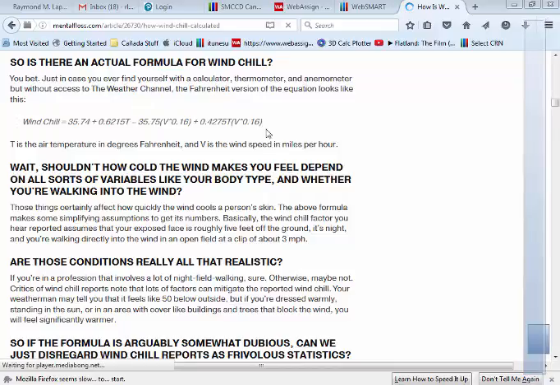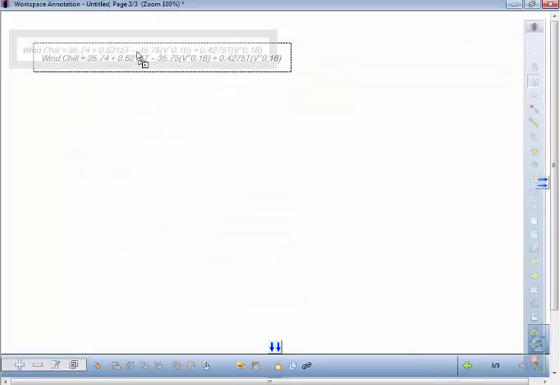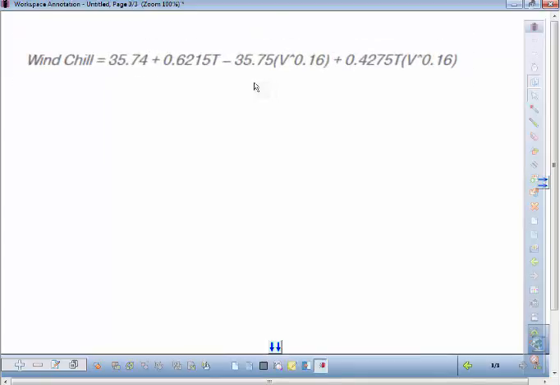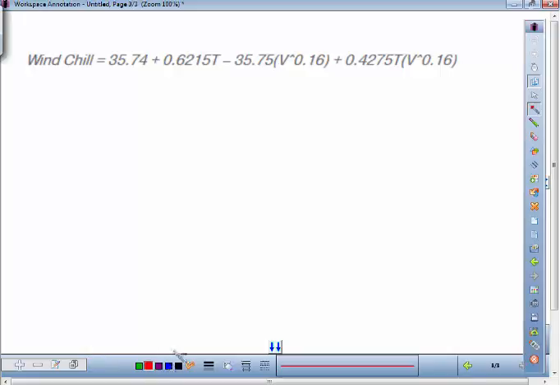This is our official formula, or it changes once in a while. The wind chill factor is dependent on two variables. Can you see the variables here? So I can write this as W or WC for wind chill. Let's write it a little bit more mathematically with our notation.